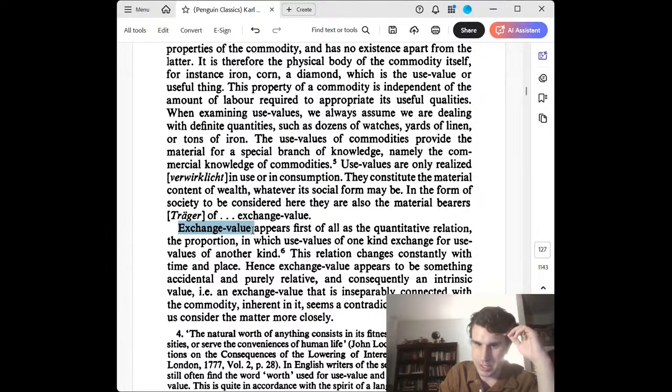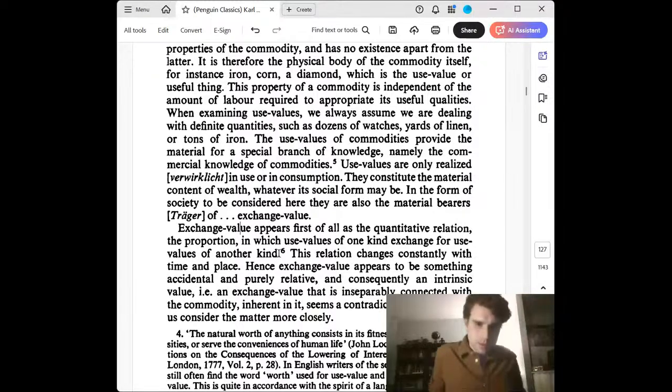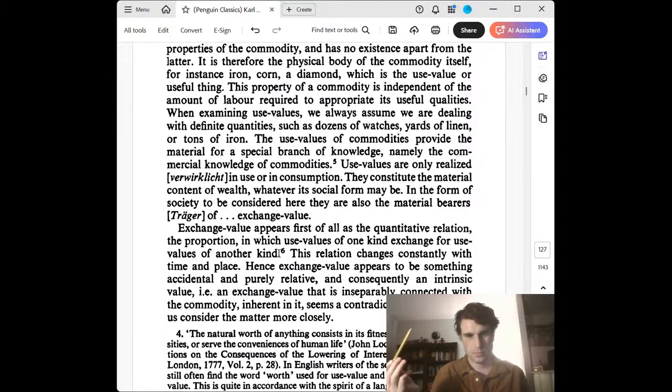Okay, so now let's go to exchange value. Exchange value appears first of all as the quantitative relation, the proportion, in which use values of one kind exchange for use values of another kind. So I have 1,000 pencils, and I want to trade those for 2 boots.